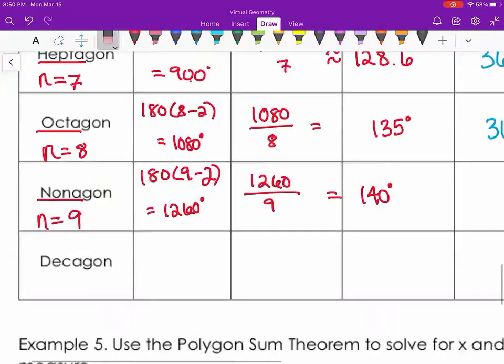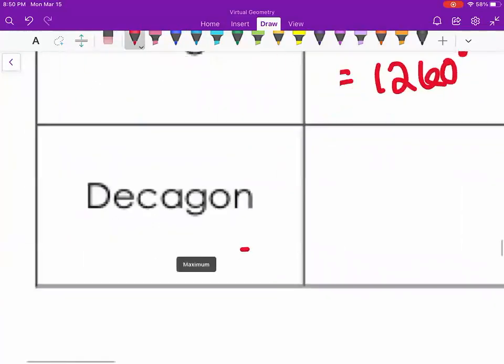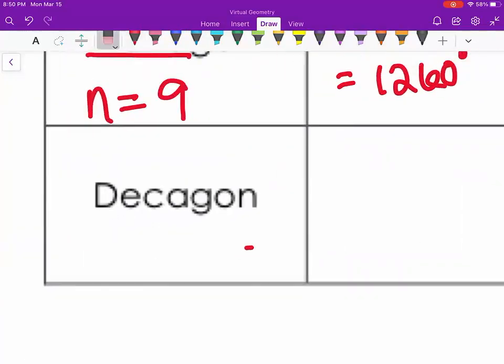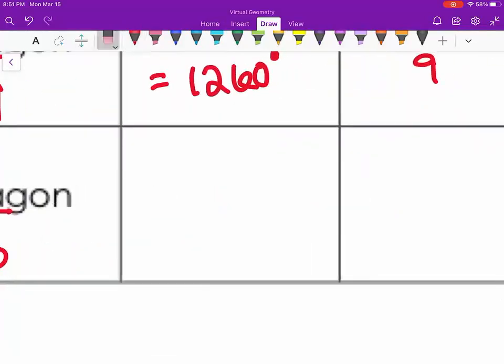All right, so one of our last ones that we're going to work with in this table, just to make sure, again, we get familiar with it, is the decagon, which means we have 10 sides. Sorry, lost my marker for a second there.